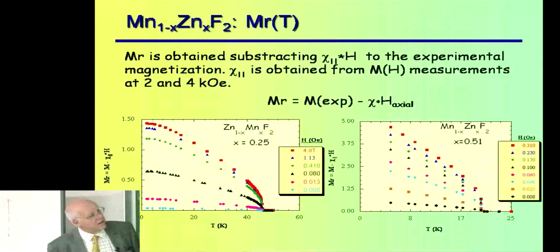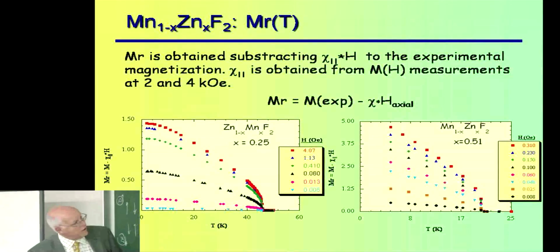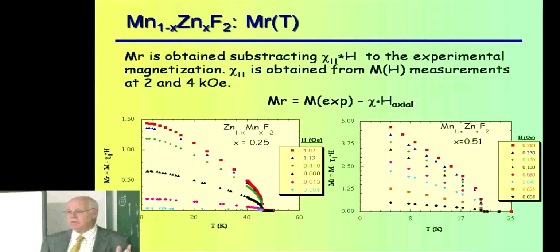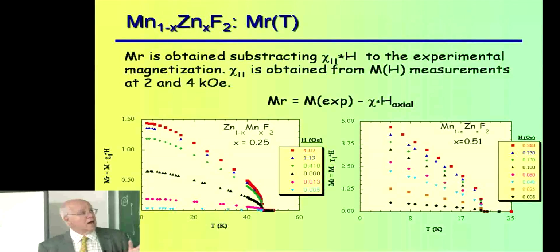But now we can take the value at an arbitrary temperature. So let's put the value at 5 Kelvin, for example. The value of MR, sorry, not magnetization, but this anomalous magnetization, for each curve at, say, 5 Kelvin, and normalize the curves according to this value.